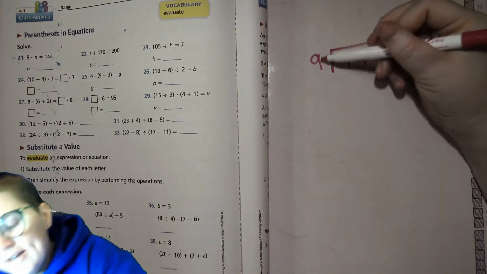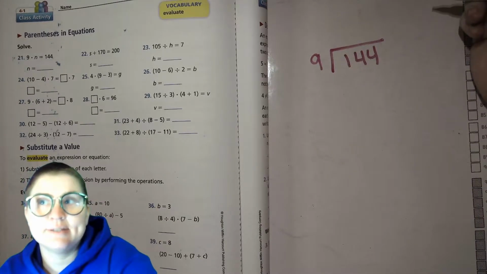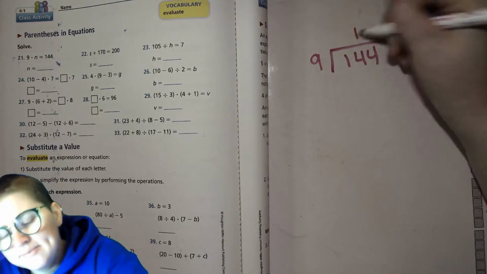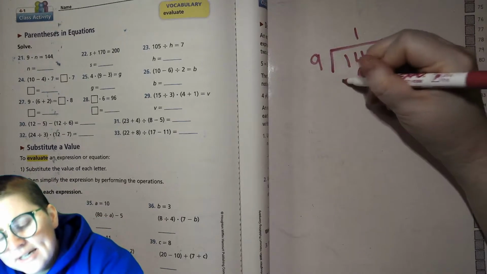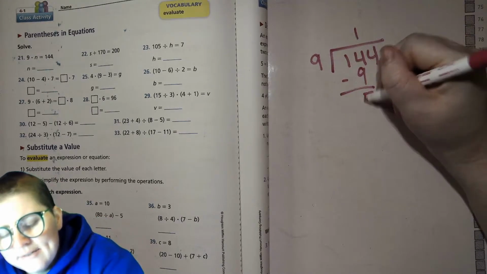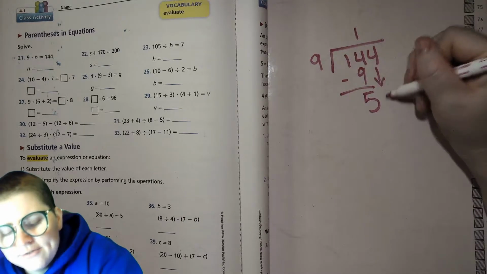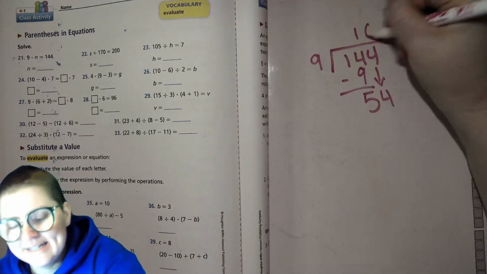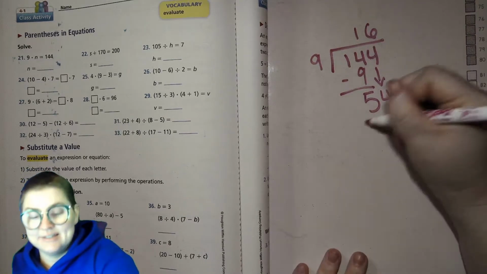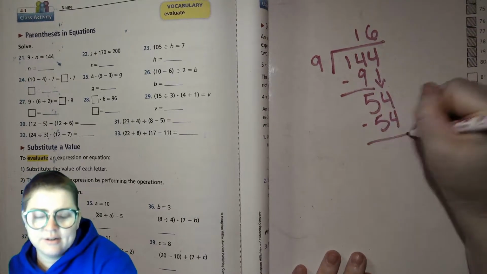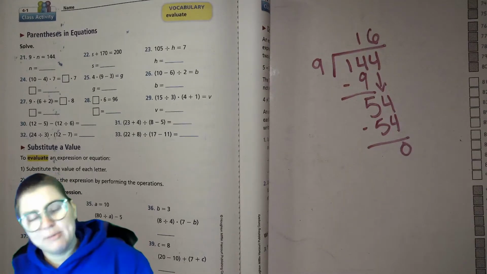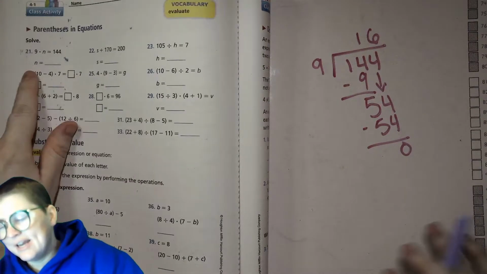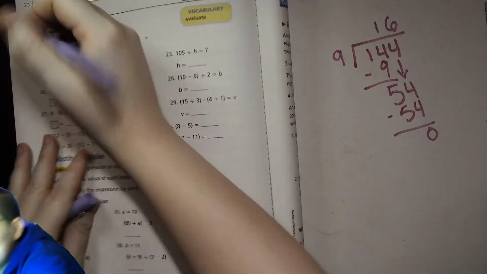So 9 goes into 14 how many times? Just once. 9 times 1 is 9. Subtract, and you end up getting 5. Bring that 4 on down. 9 times 6 is 54. 0. No remainder. So n equals 16.